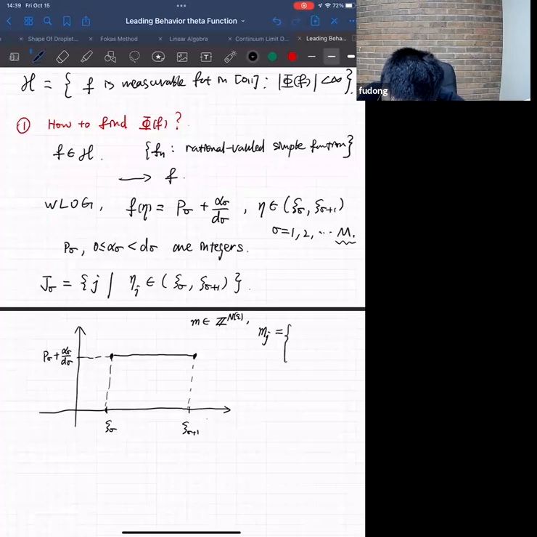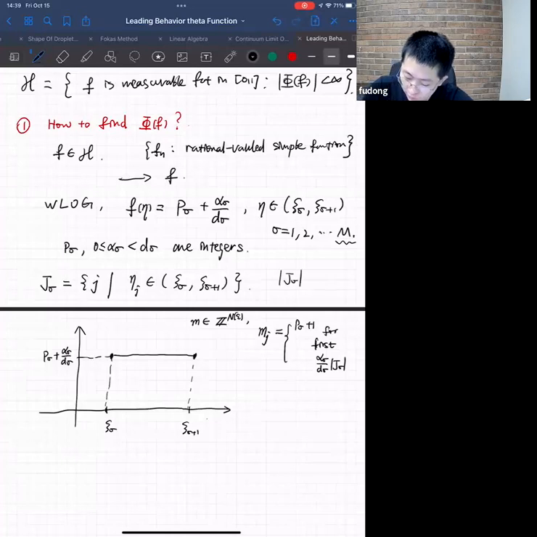What is p sigma plus 1? This means the number of elements in this set.